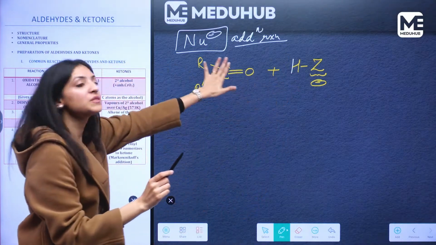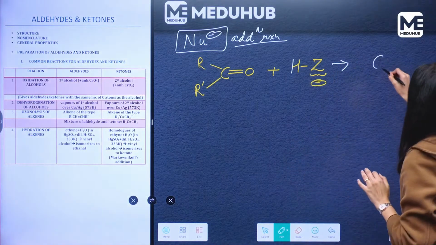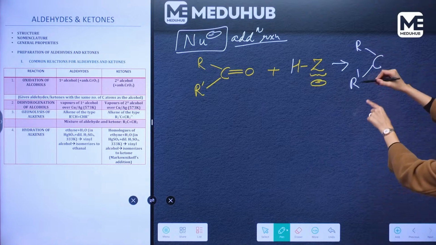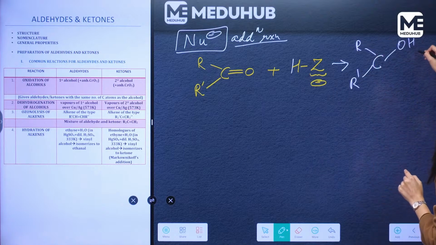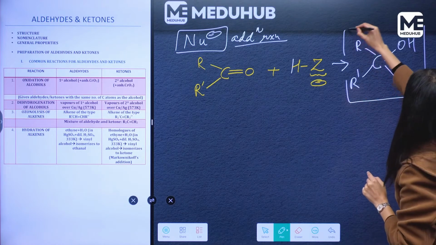When HZ reacts with the carbonyl compound, it gets added on to the carbonyl carbon, giving us this product R, R dash, OH and Z. So this is the addition product.